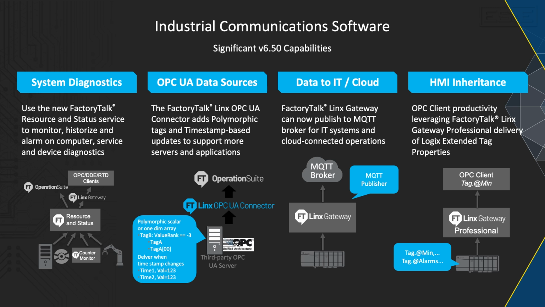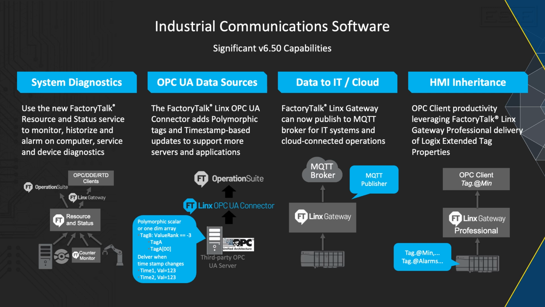That's being able to historize not only alarms, but the computer alarms themselves, like CPU utilization and network utilization, being able to do ICMP pings out to a device, a robot, to see if it's still alive or not, and being able to alarm on that, right? To be able to get maintenance personnel or IT personnel, or whatever it may be that needs to identify and resolve the issue with that piece of control equipment. So that feature has been added.